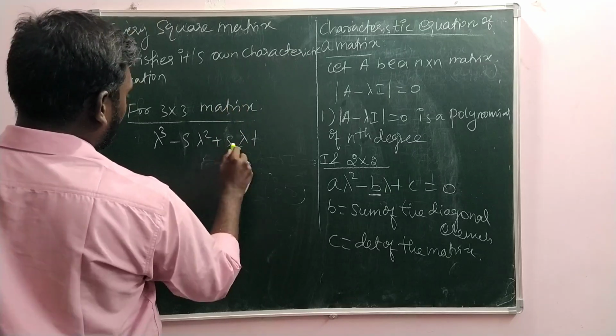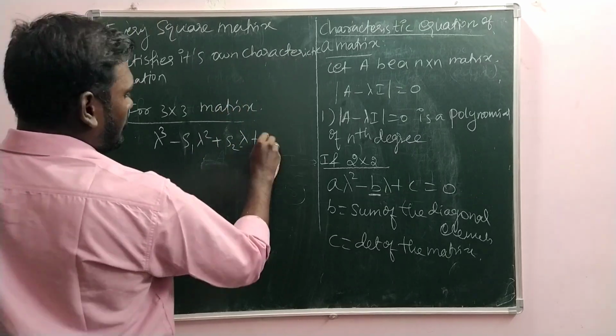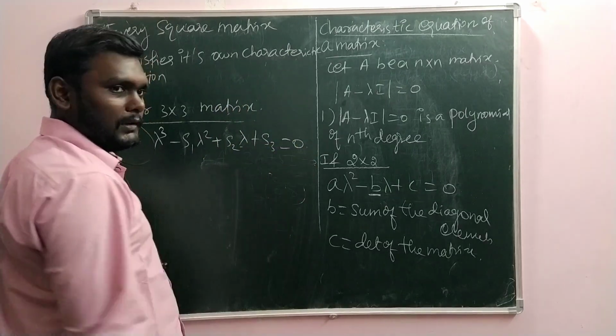Why beta 1, beta 2? S1, S2, S3 is equal to 0.